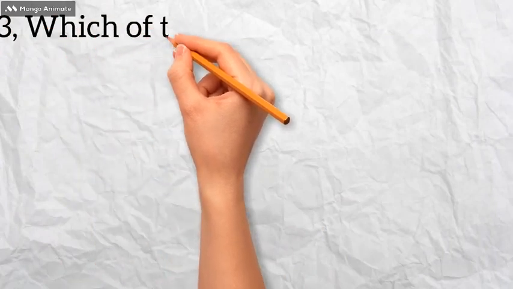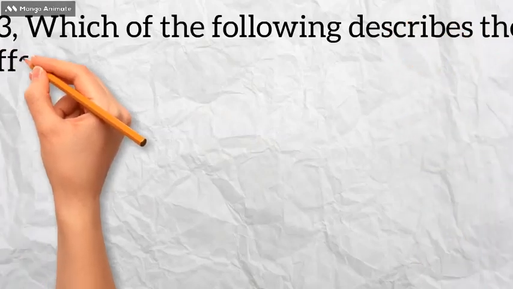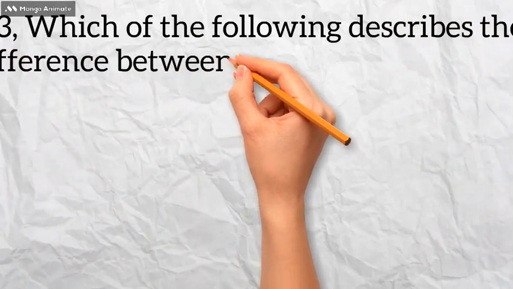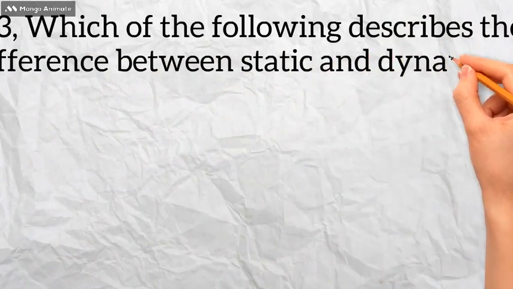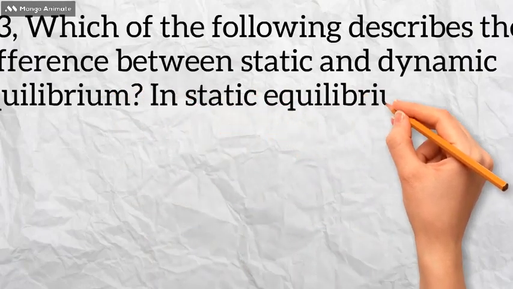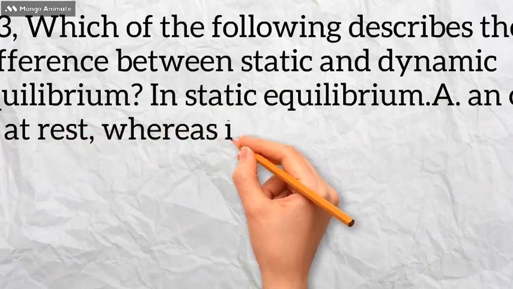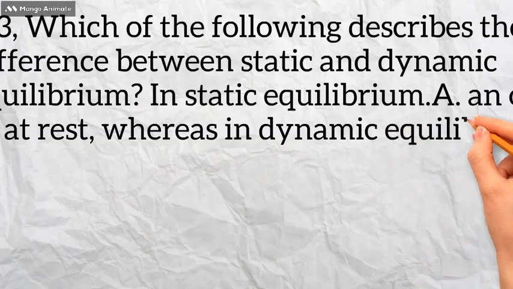Question number 3. Which of the following describes the difference between static and dynamic equilibrium? In static equilibrium, A, an object is at rest, whereas in dynamic equilibrium, the object moves with constant velocity. B, an object moves with constant acceleration, whereas in dynamic equilibrium, the object is at rest.